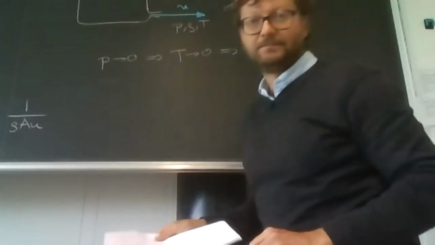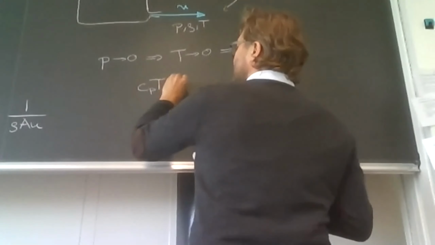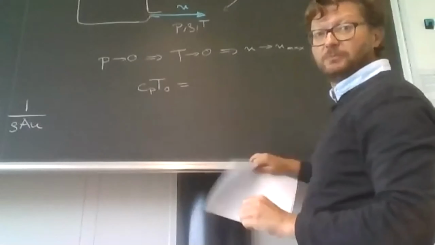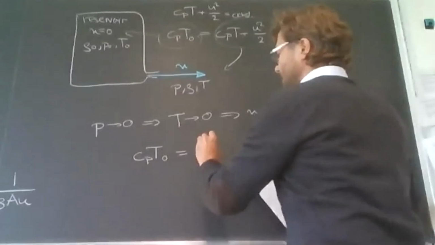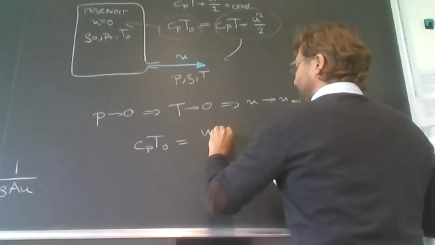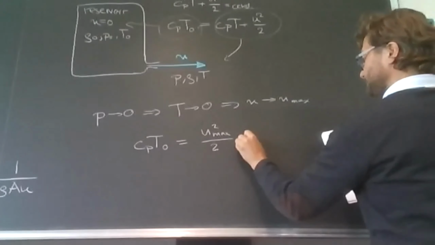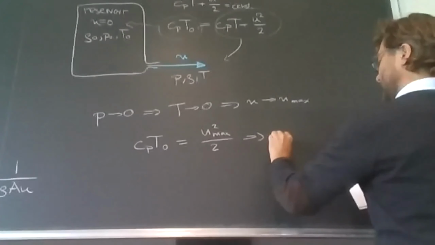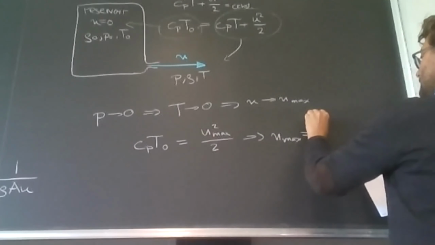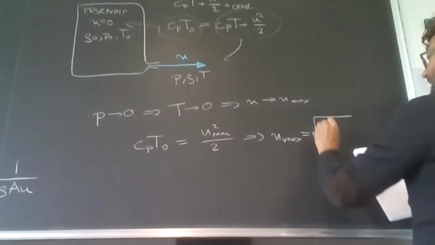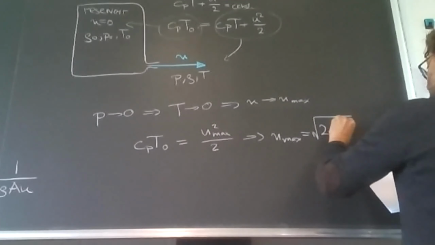This u max is related to the stagnation state: Cp T naught equals, you can see this, this is 0, so it's just this term, u max squared over 2. You can say u max, we just solved this equation for u max, is equal to the square root of 2 Cp T naught.